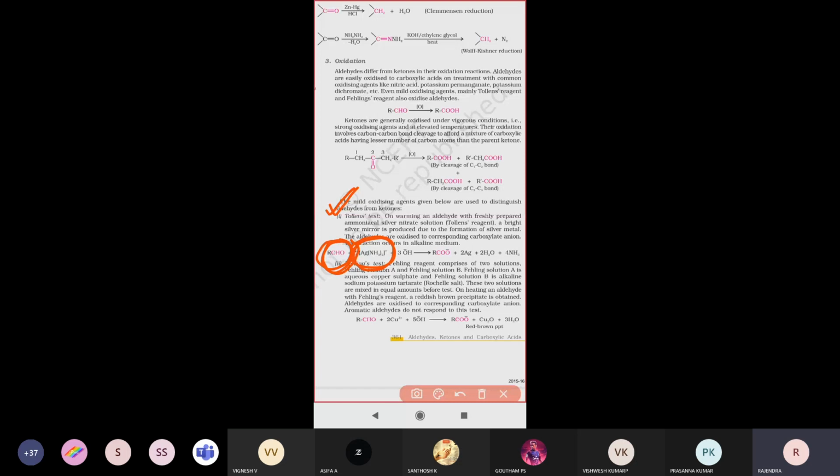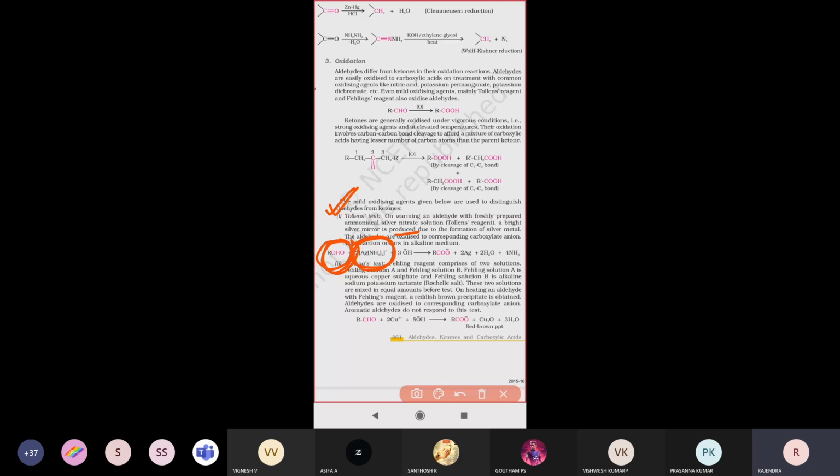The silver mirror indicates, due to the formation of silver metal, that aldehydes are oxidized to the corresponding carboxylate anion. For example, if the organic compound has an aldehyde, it will form the carboxylate ion.